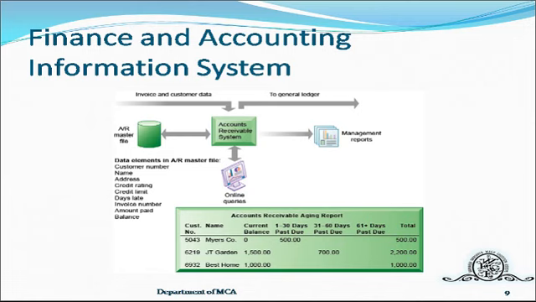The input given to the system is from the invoice and customer data, and it processes this input, and whatever is the output, that output is in the form of ledger. With this data, it will also produce reports which we produce to the management, and it also solves the online queries.